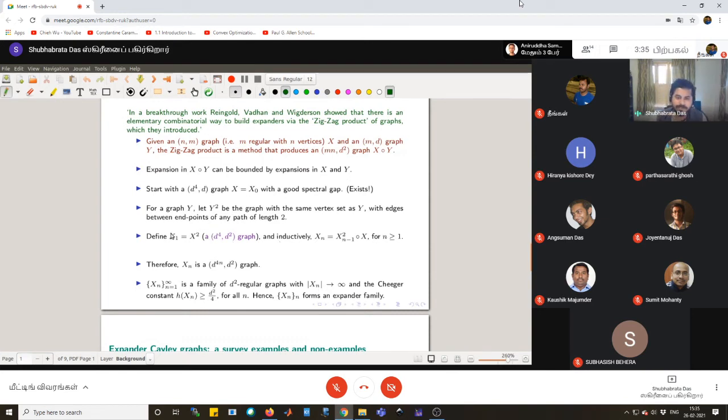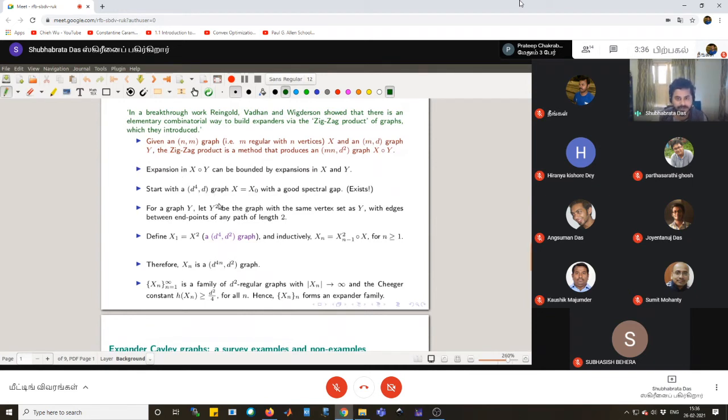We start with this graph x naught, which they show exists using a good amount of combinatorics, and then they take the square of that graph. That's the first element in the iteration.